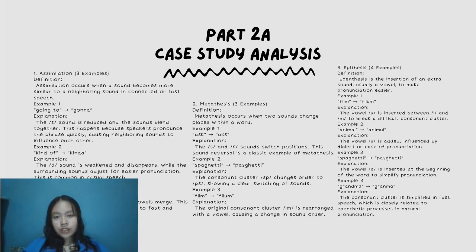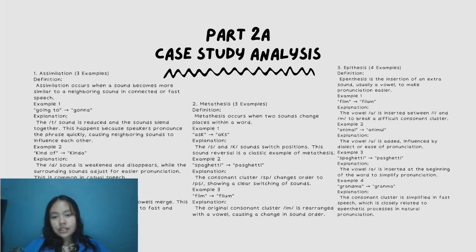Assimilation occurs when a sound becomes more similar to a neighboring sound in fast or connected speech. Examples include going to becoming gonna, kind of becoming kinda, and want to becoming wanna. This change happens because sounds influence each other to make pronunciation easier.